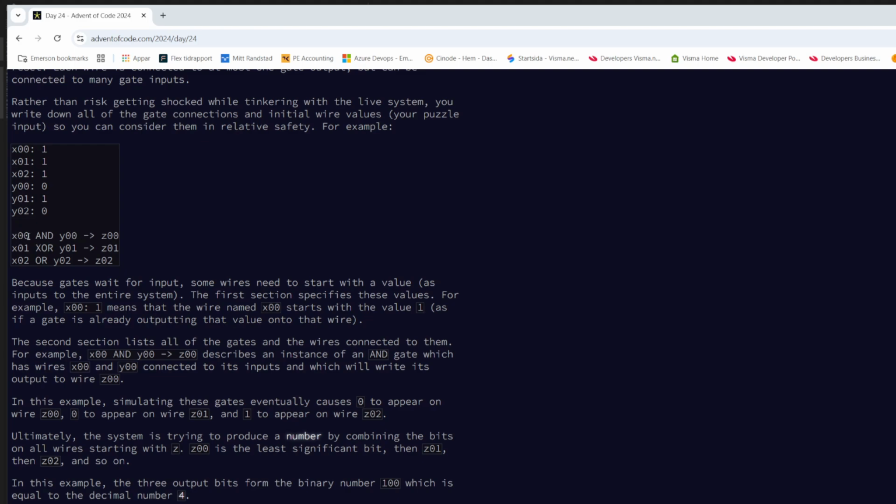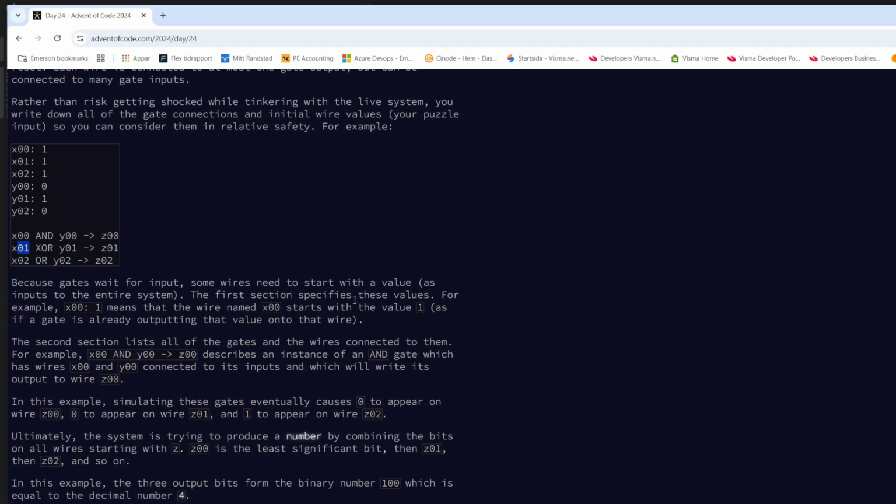So this means that x00 and y00 will be directed to z00, and this is x01, which will be XORed with y01 and directed to z01. That's what these formulas mean. Because gates wait for input, some wires need to start with a value, and those are these starting values here.